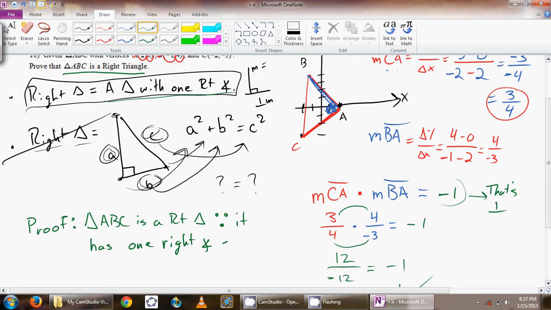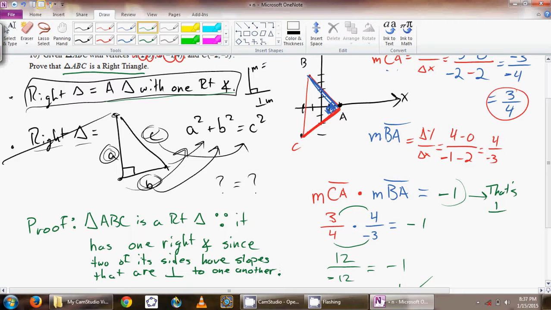And then we're going to explain why. We'll say two of its sides have slopes that are perpendicular to one another.